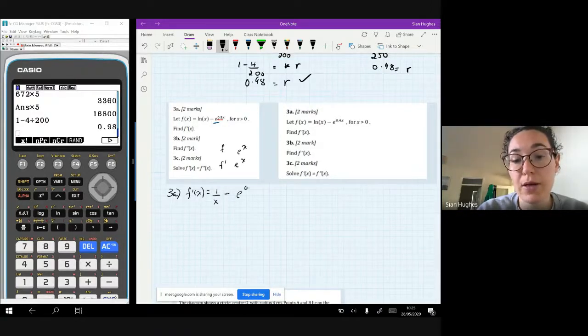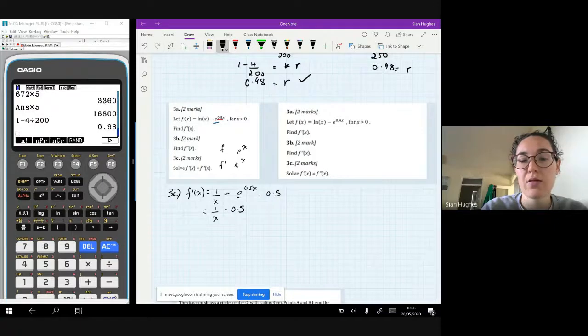So this will look like e to the 0.5x. Then we look at the inner function, the 0.5x, we differentiate that, which is 0.5, and we multiply our answer by it. And we probably want to write this a slightly nicer way and put the 0.5 at the front.